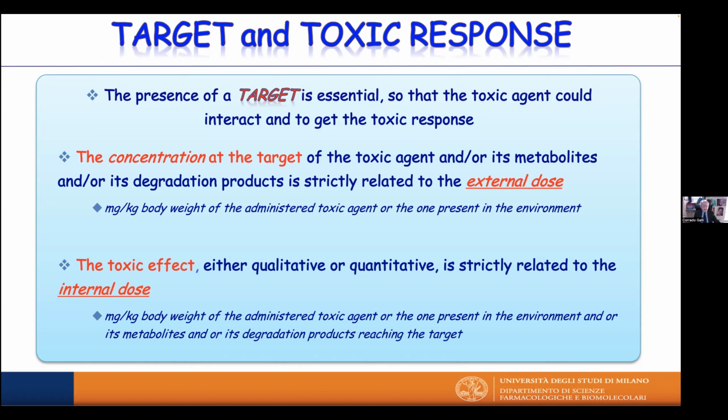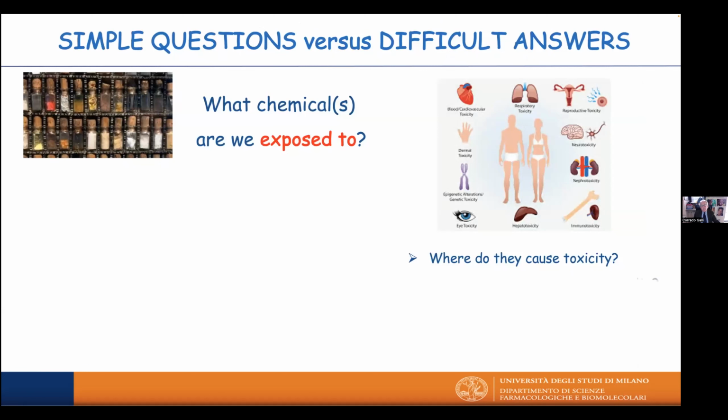That's why the pharmacokinetics can help you understand what the internal dose might be, because the internal dose is the dose of the toxic stressor, which you are interested in, and that is something you have to take into consideration when you calculate your health-based guidance values.